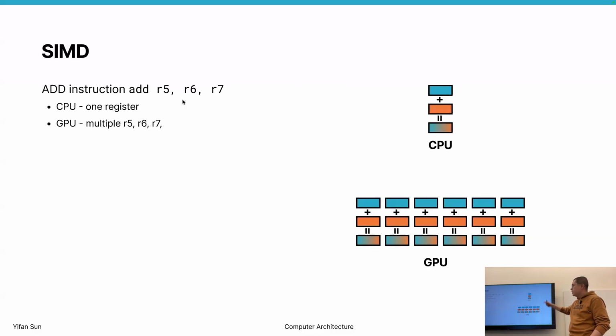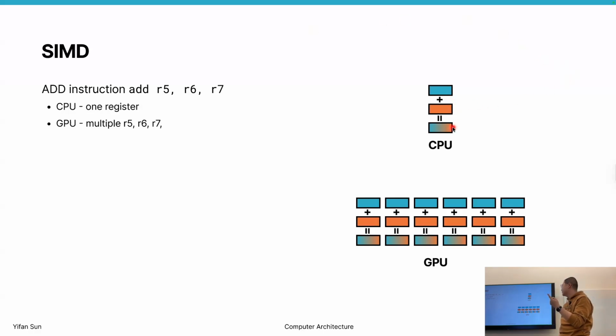Let's see how it works. Let's say an add instruction. For CPU, we have this instruction called add R5, R6, R7. R5, R6, R7 are registers, flip-flops that store the data. In CPU, when we say R5, that means it's only one register, with only one value.